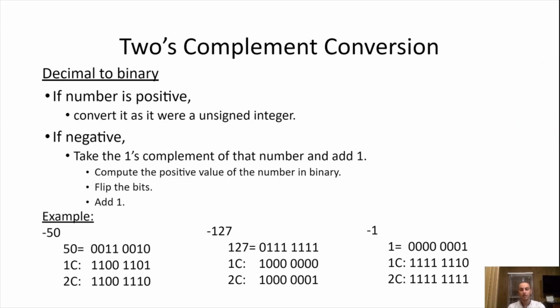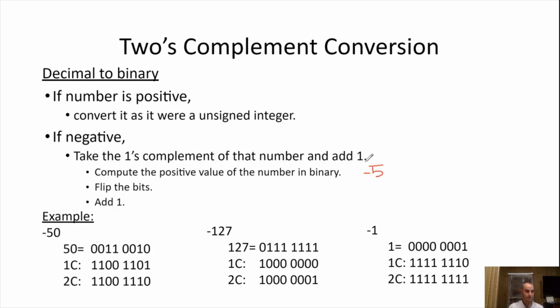So how we are going to do it is that the positive is still the same. The leftmost significant bit is the sign bit. The positive number is the same. If it was negative, we're going to take the one's complement and add one to it. So let's say we have -5 and we want to calculate that number.